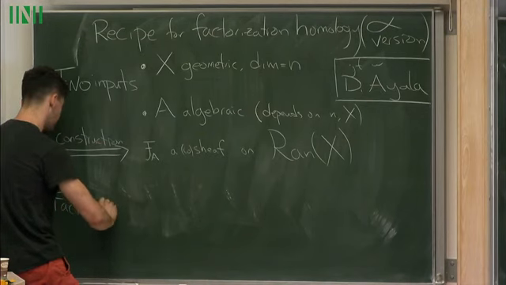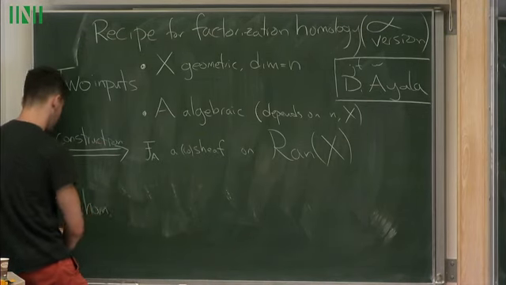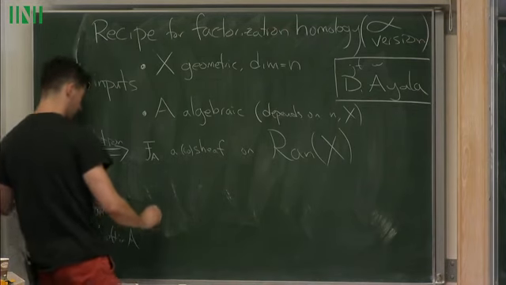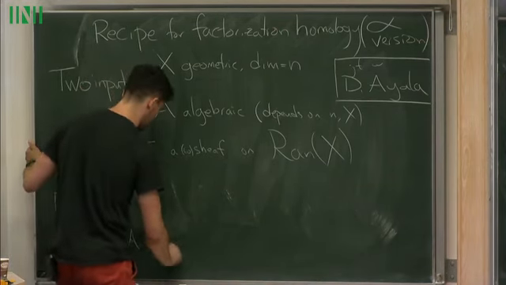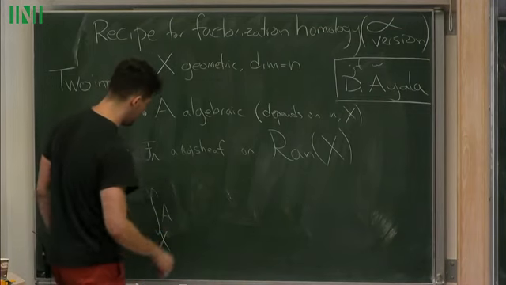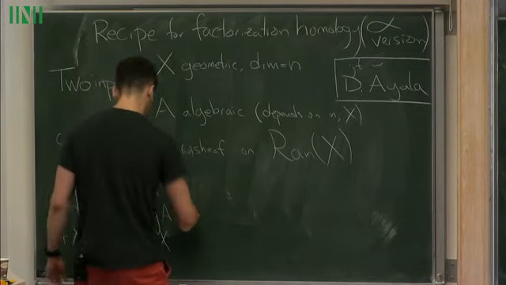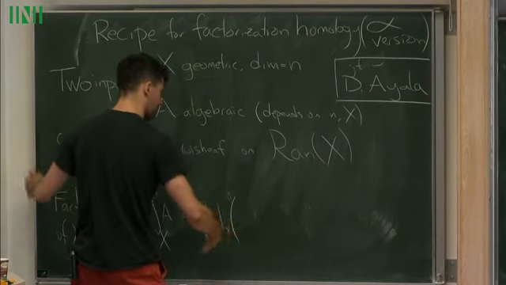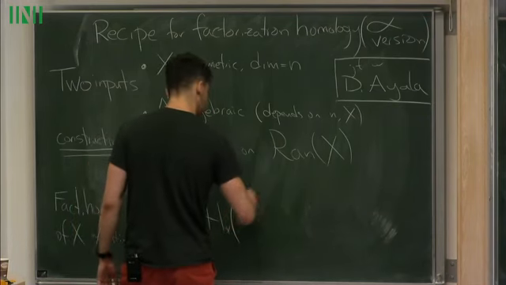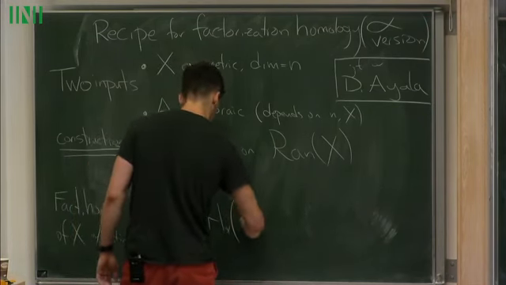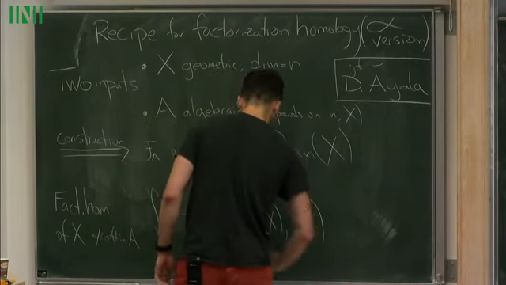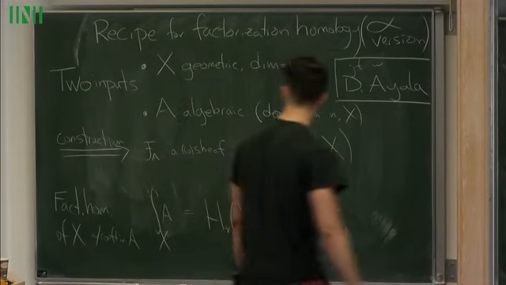So factorization homology of X with coefficients in A will be written with this integral sign, because we think of it as some categorical form of integration. And this will be equivalent to the homology, or the chain level or wherever this is living, of the Ran space of X with coefficients in this co-sheaf defined by A. So that's the recipe.